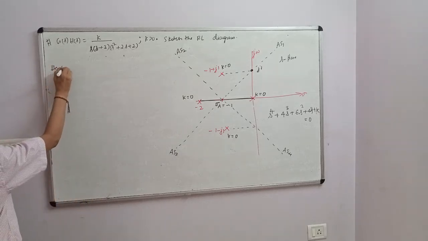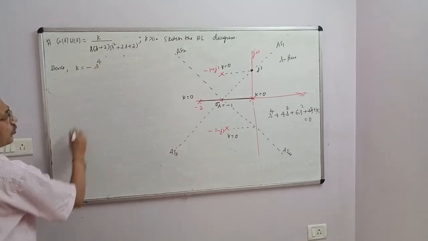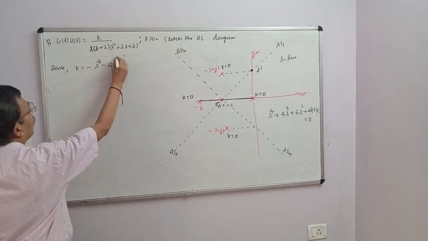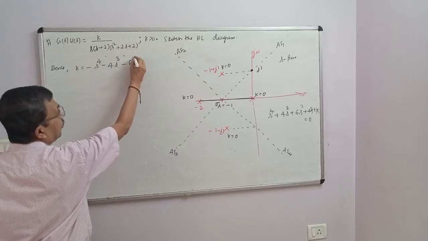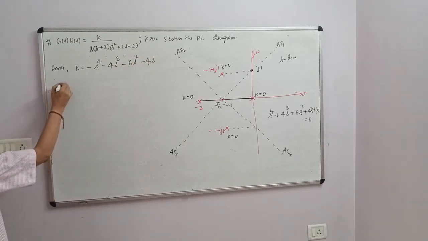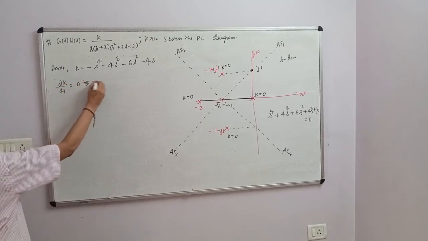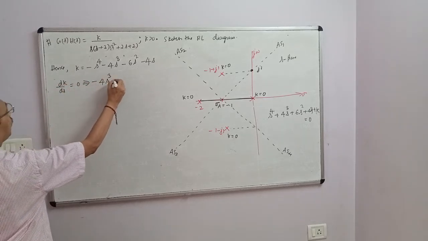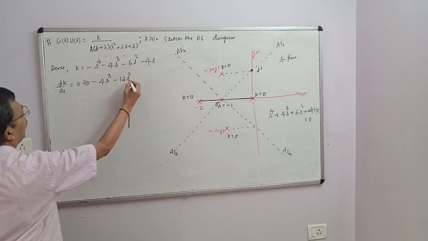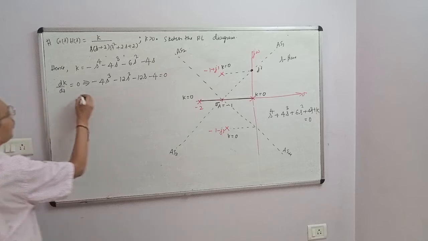Hence, K is equal to minus s to the power 4 minus 4s cube minus 6s square minus 4s. dK by ds equal to 0 implies minus 4s cube minus 12s square minus 12s minus 4 equal to 0.